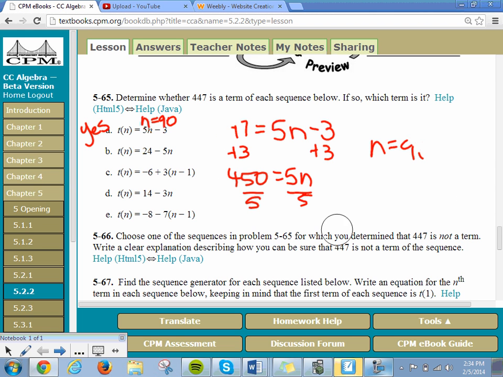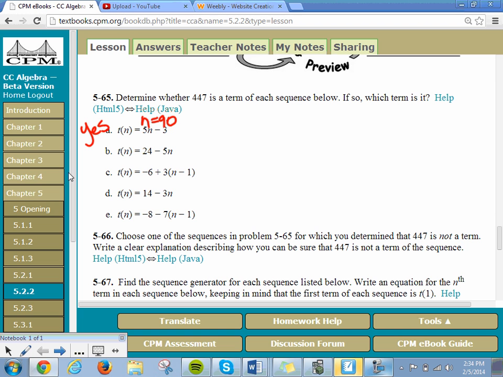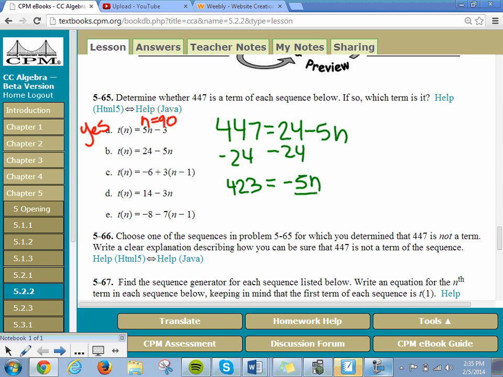Let's try B. In B, again, we'll still have 447 is now equal to 24 minus 5n. So this time we're going to subtract 24 from both sides. 447 minus 24 is going to give us 423 is equal to negative 5n. So something is going to happen here.